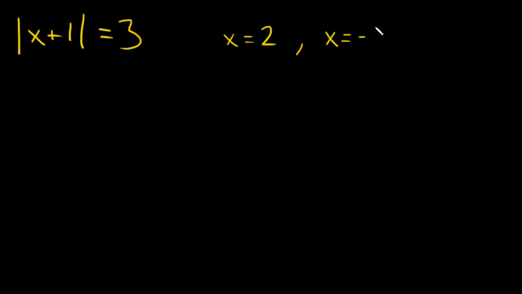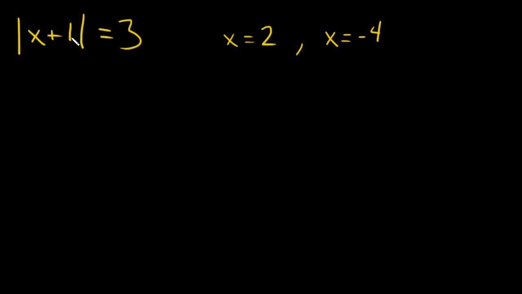Let's say that we have absolute value of x plus 1 equals 3. What things could I add 1 to inside this absolute value and get 3? Well, if x is 2, that would work. 2 plus 1 is 3. But it would also work if x is negative 4.